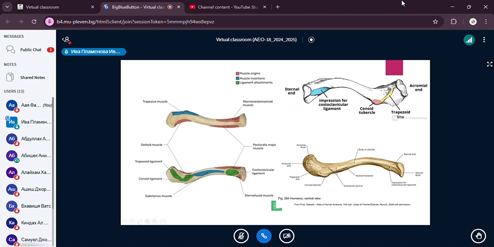Here is the tuberculum conoideum, here is the trapezoid line. That's the subclavian groove. Of course, nutrient foramen, each bone has this foramen. It's not an important thing. That's the body and the impression for costoclavicular ligament.